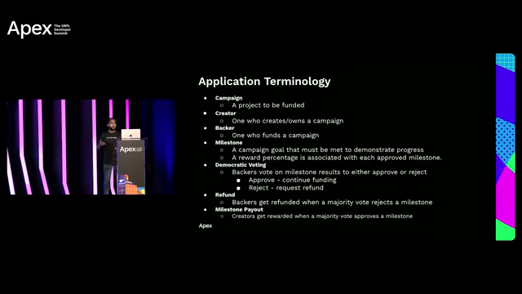Backers will evaluate the milestone progress, and they will vote to approve or reject, to continue having the campaign funded or to get a refund and get their money back. This happens when a majority vote happens for either approving a milestone or rejecting it. And then the milestone payout is when a milestone gets approved by backers, and the creator can claim the reward for it.